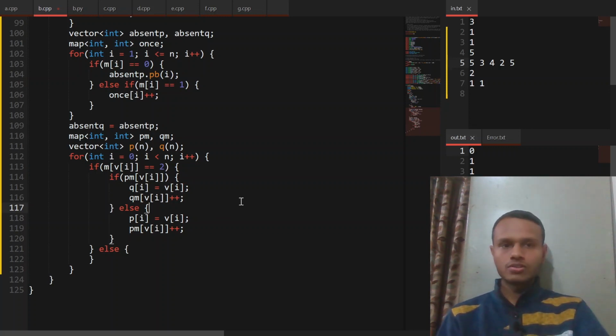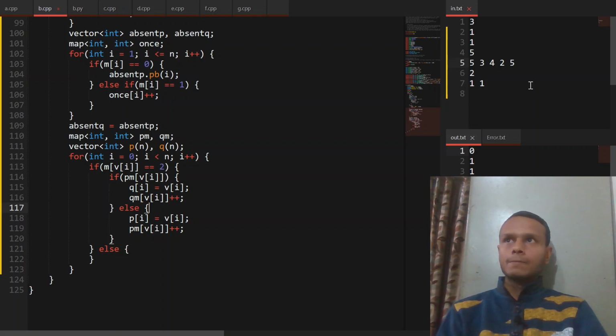Let's say 3, 4 and 5 have to be present in both the arrays twice. Like 1 cannot be present twice, right? But 2 can be present twice.